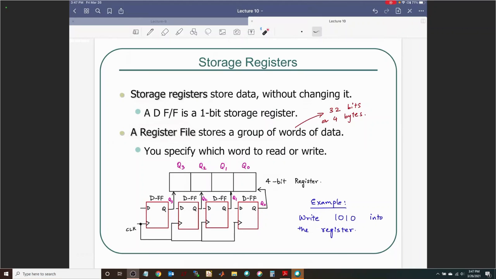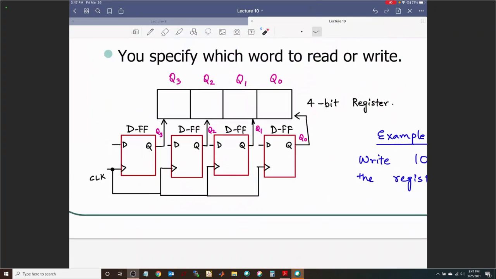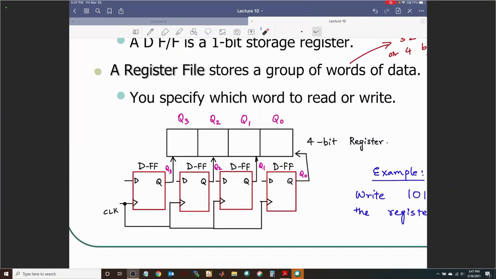Now, let us try to see how we can design a simple 4-bit register. When you try to lay out the register contents on paper, you will look at it like this, right? Four entries that tell you the contents of the 4-bit register, and each of them can be a 0 or a 1.